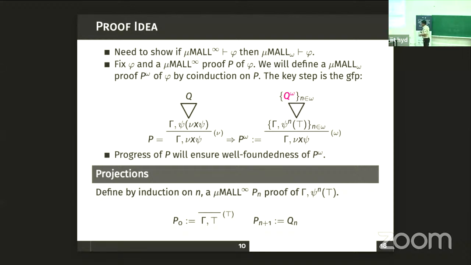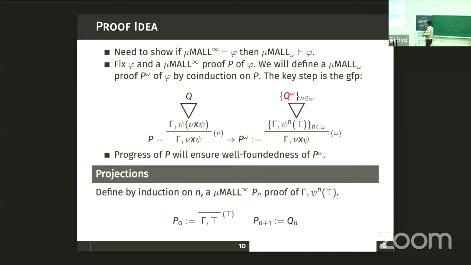So P0 is just top. That's just true, and we end the proof there. And P(n+1) is phi of P(n).